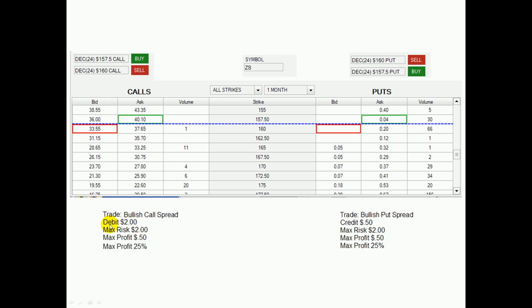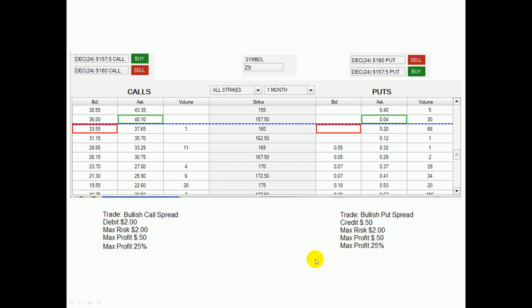So our max risk on the position is $2 because if the stock falls down to $100, those 157 calls that we bought, they're going to be at zero. So our maximum risk on a call debit spread is the debit that we paid. Now our max profit potential on this is 50 cents. So again, 50 cents divided by the maximum risk of $2 yields us a 25% return.